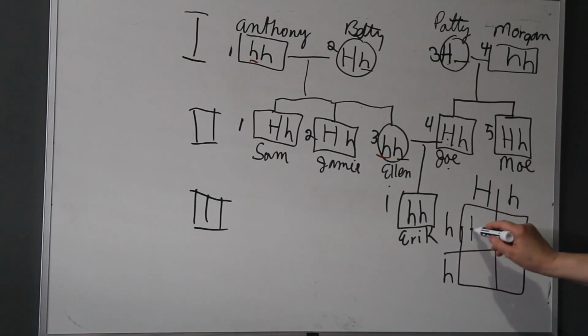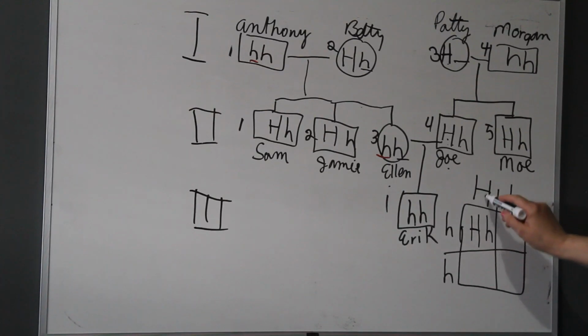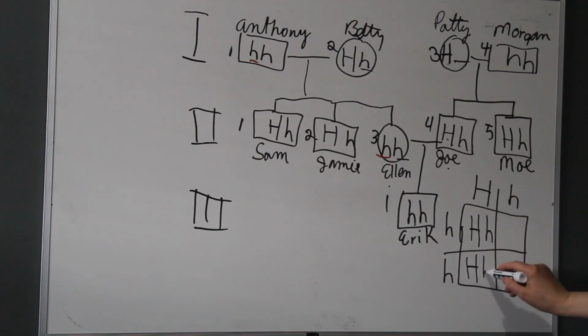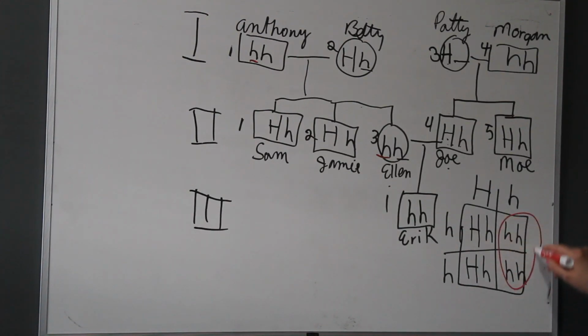We'll just work through this. And you should be able to see that there's a 50-50 chance. So 2 out of 4 chances that there's a horn, and 2 out of 4 chances that their child is heterozygous and does not have a horn.